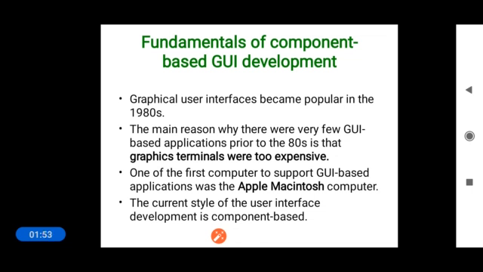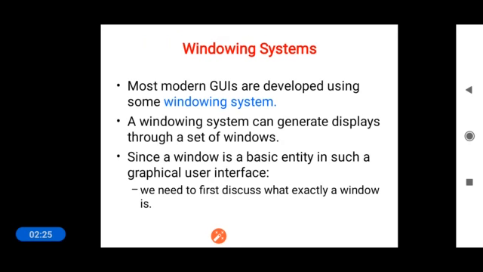Because of that reason, it gained much popularity, and as the popularity increased, the cost of the terminals used to run GUI also reduced. From there onwards, more demand has been created for these GUI interfaces. One of the first computers to support these GUI based applications was the Apple Macintosh computer. Now currently most of the interfaces are based on GUI itself.